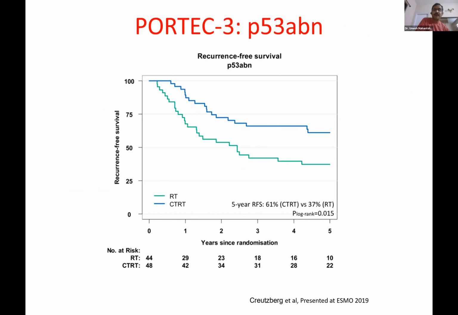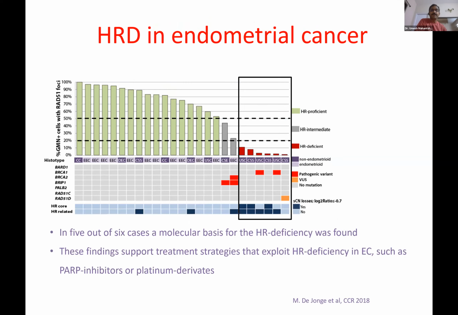And this is what is shown in these patients who had P53 mutations, and you can see that concomitant chemoradiation had a significantly better outcome in relapse-free survival as compared to pelvic radiation alone. On similar lines, we have the hormonal receptor status, and if patients have receptor status deficiency, there are studies now which are ongoing for evaluation of the use of PARP inhibitors like olaparib and niraparib, where it could be utilized in treatment of these more aggressive tumors, especially the type 2 histologies.